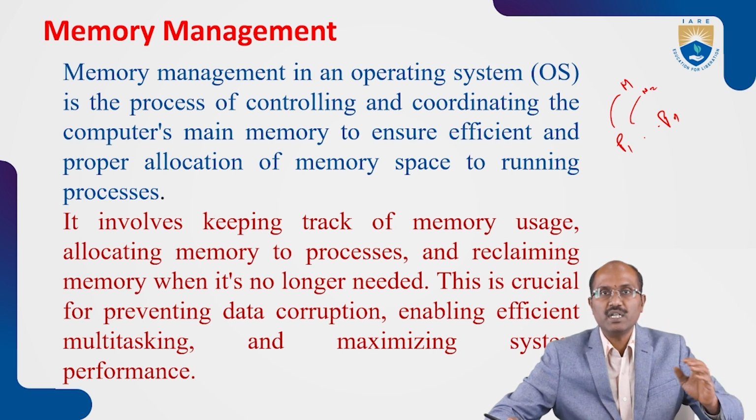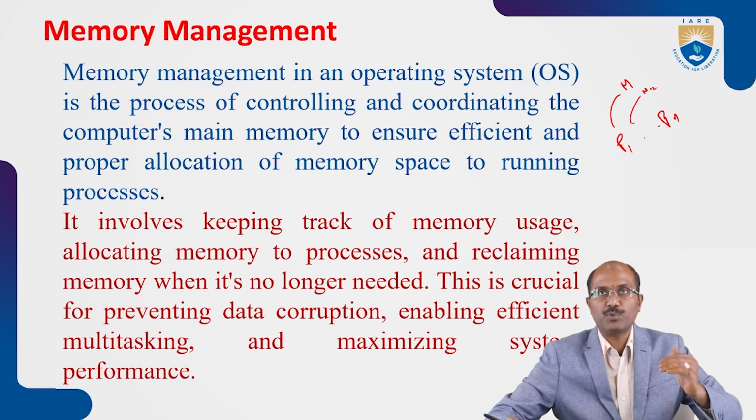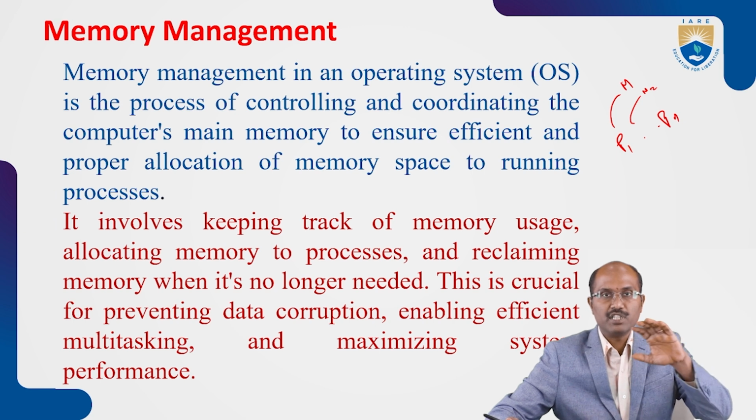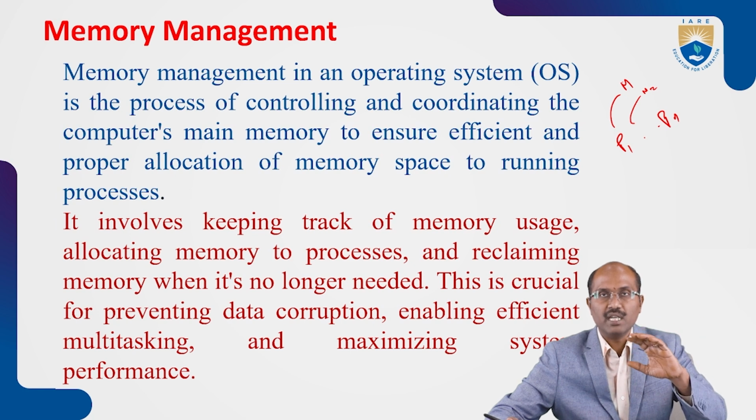Memory management involves keeping track of memory usage, allocating memory to processes, and reclaiming the memory when it is no longer needed. Which process requires how much memory? This is crucial for preventing data corruption.